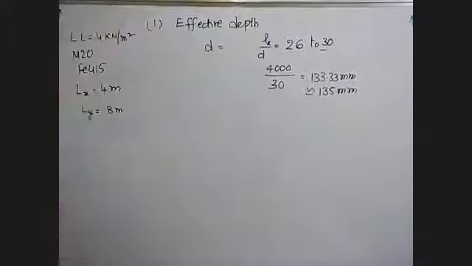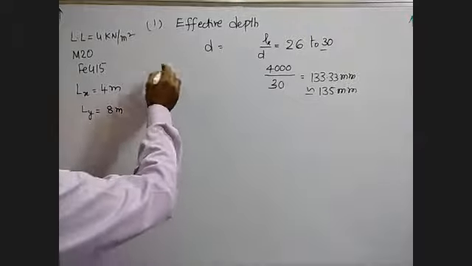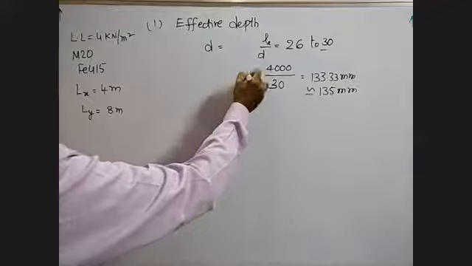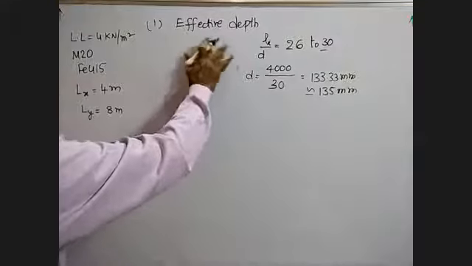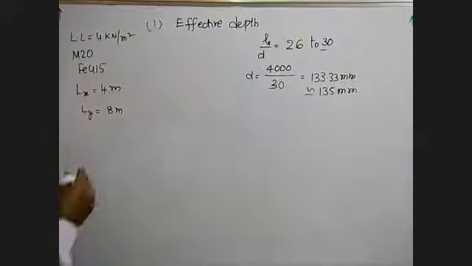Why take 30? Earlier we took 26. Like this, you can take any value in between. So here in this problem, he has taken the value 30. Now D is equal to 135 mm.